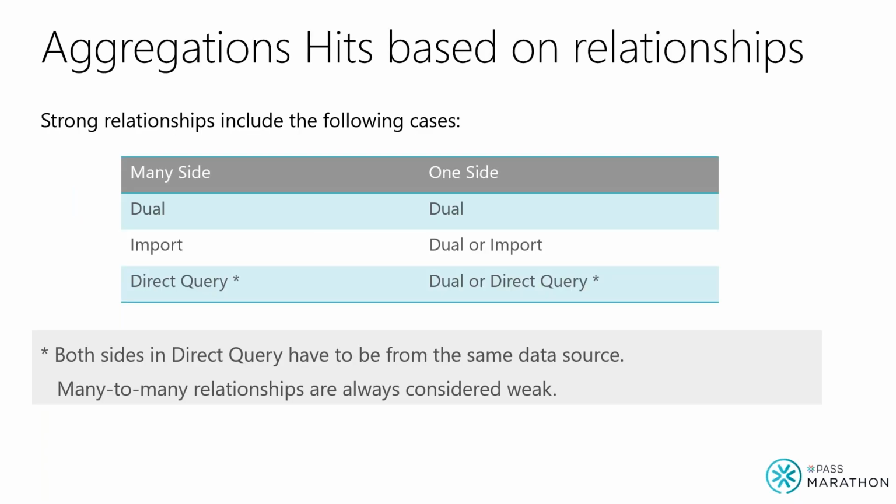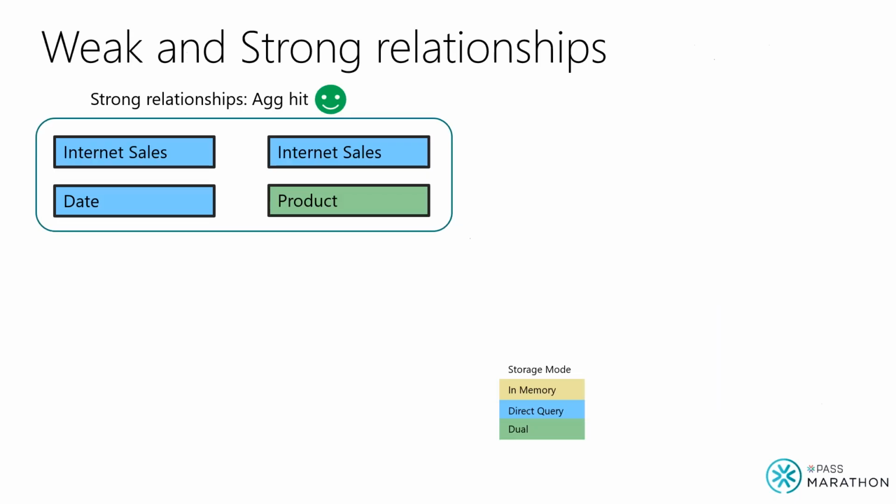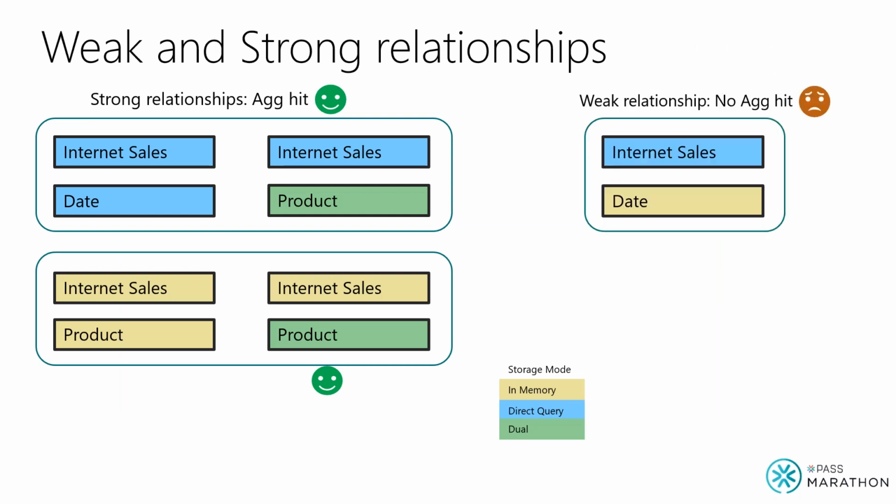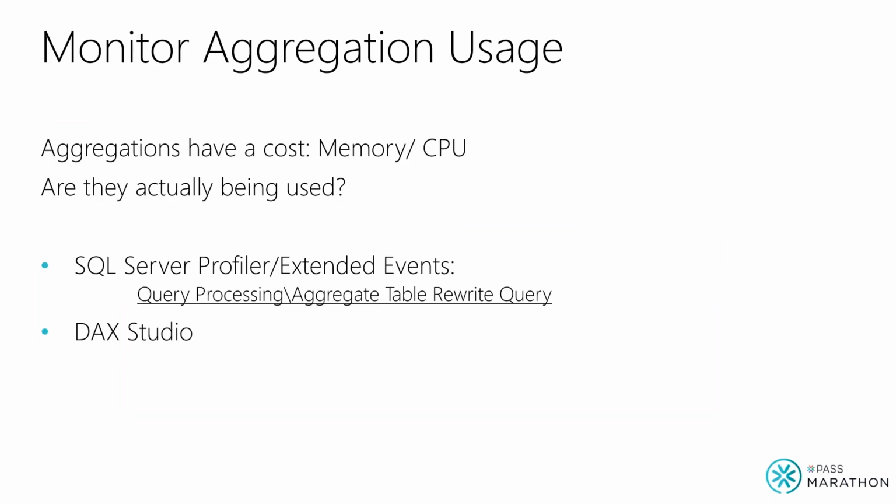We talked about the aggregations only hit when there are strong relationships in place where both sides have to be the same. So for example, direct query works, direct query dual works, import or import dual works, but direct query and in-memory doesn't work. So if the aggregations aren't being hit, you can look at that.